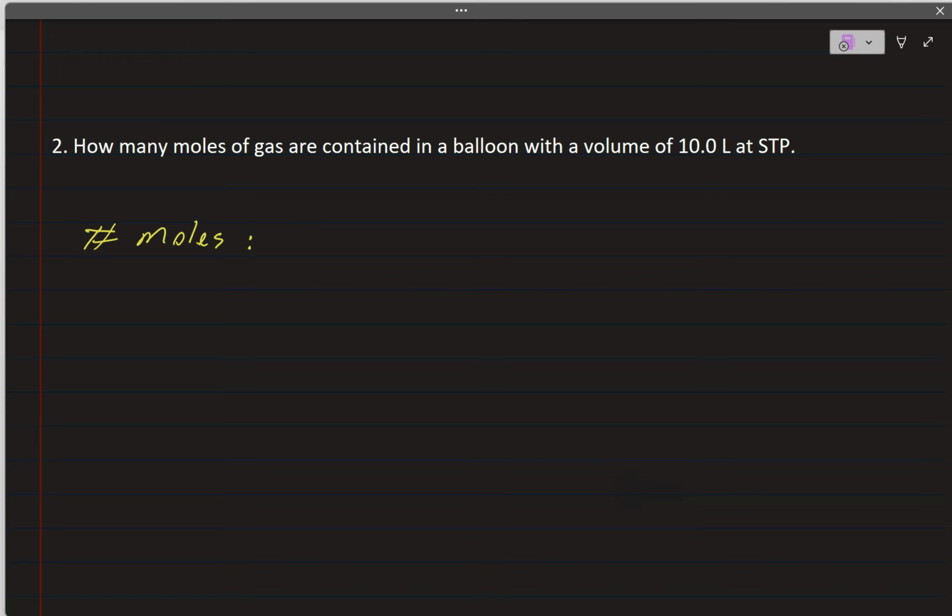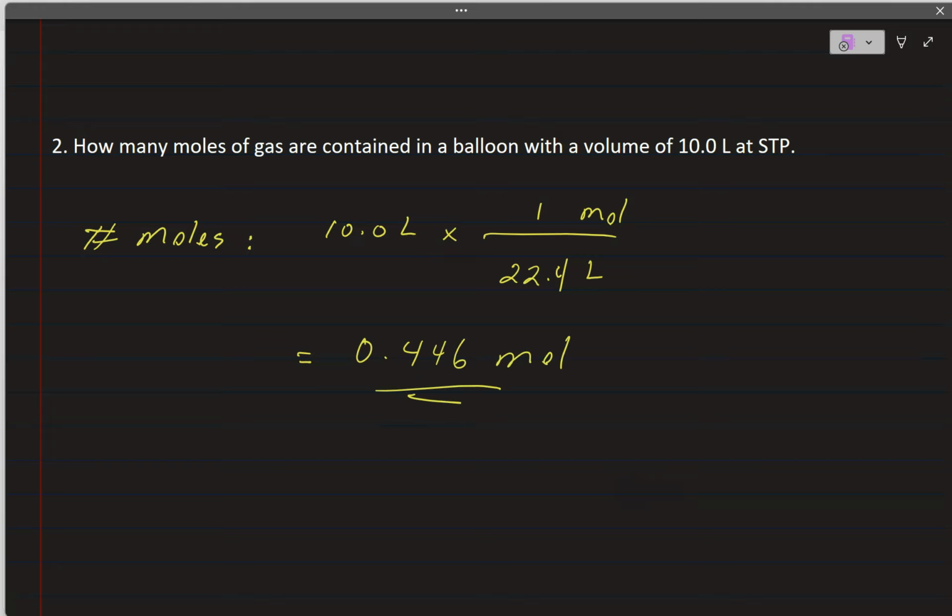We start with 10.0 liter times, liter goes in the bottom, mole goes on top, 1 mole, 22.4 liter. That's the molar volume, and that's simply 10 divided by 22.4, and that will end up being 0.446 mole.